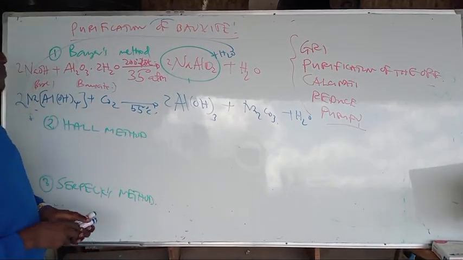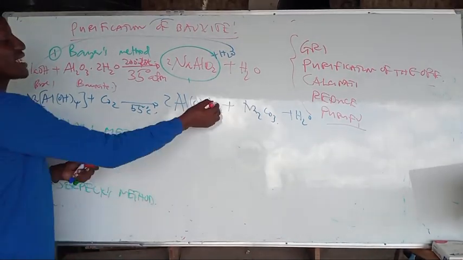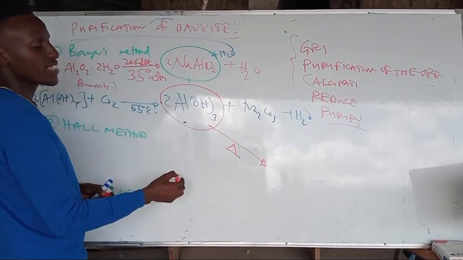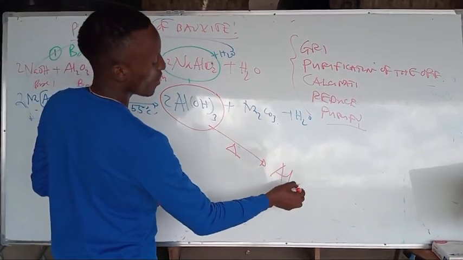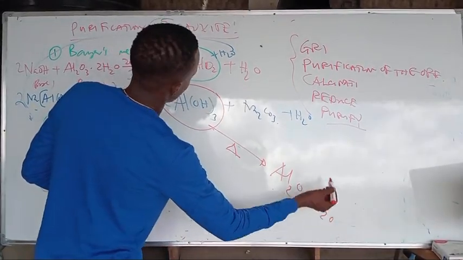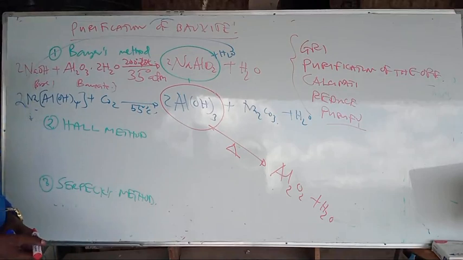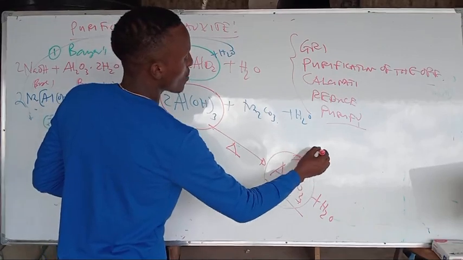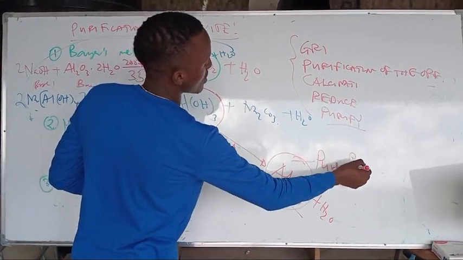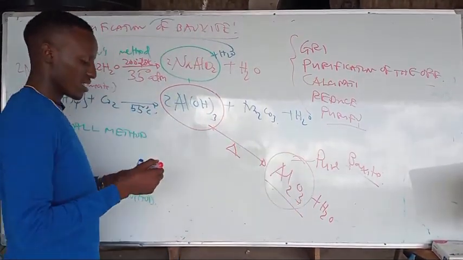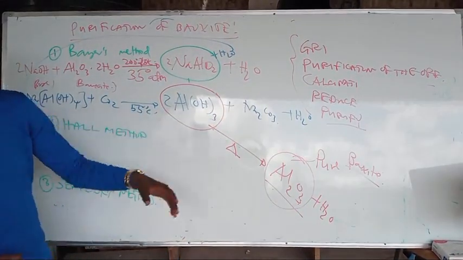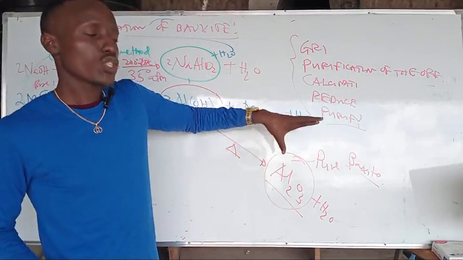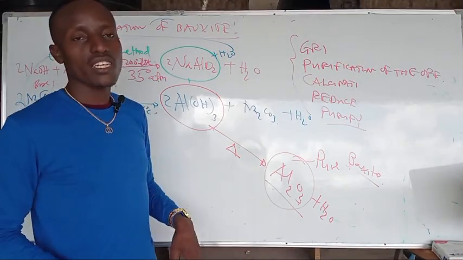Obtaining this, you heat it to form aluminium oxide plus water. After heating this, we obtain the pure bauxite. So you have purified the ore. This one will enter into the calcination step.